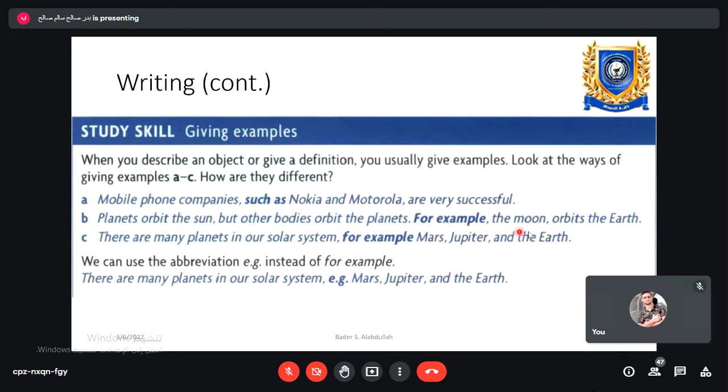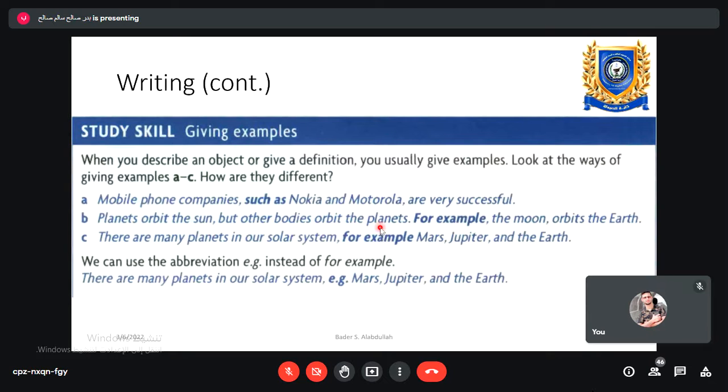And I think we all know that. The phrase here, for example, or you could use as example, it's up to you, is used to connect these two sentences. The first sentence, planets orbit the sun, but other bodies orbit the planets.